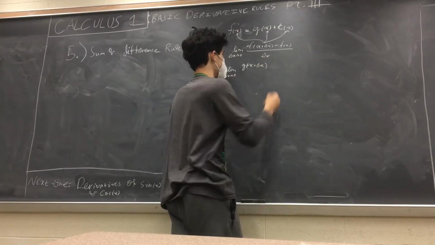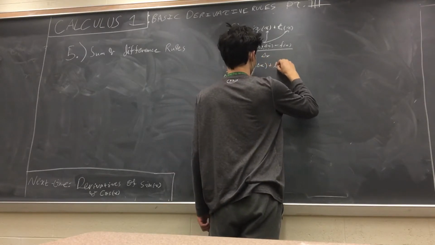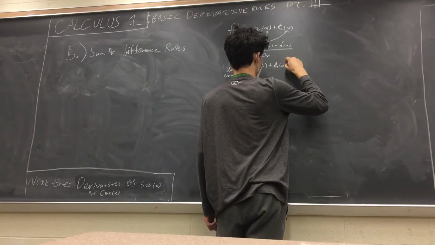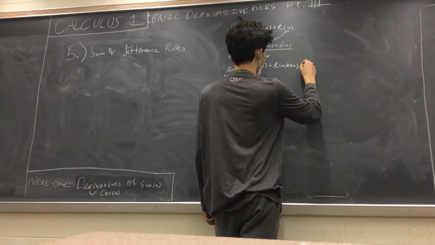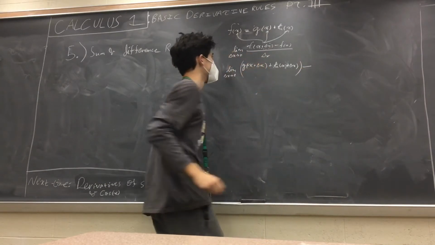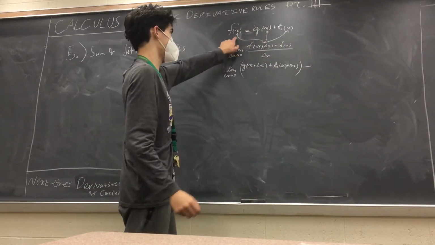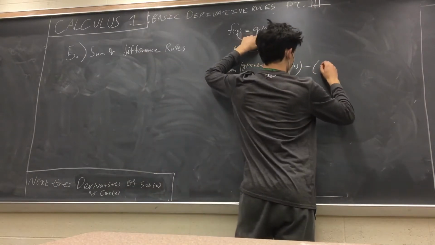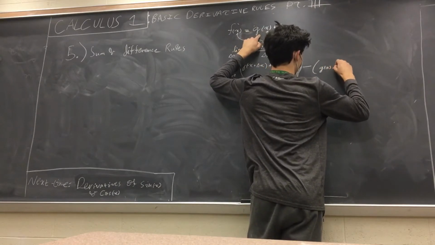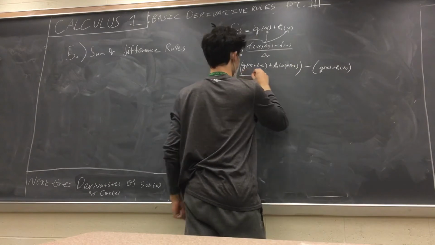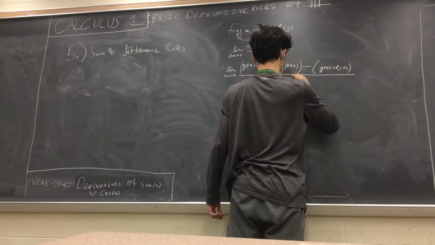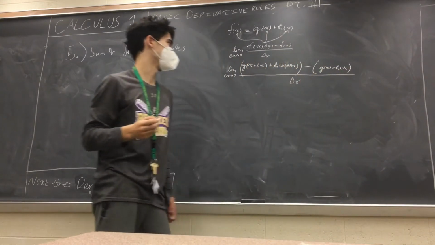So we end up with a limit as delta x approaches 0 of g of x plus delta x plus h of x plus delta x minus the function f of x, which is g of x plus h of x, over delta x.